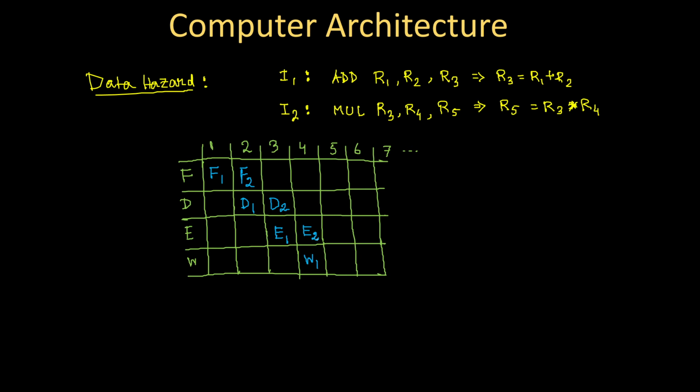The reason is that the purpose of this write back operation is to write the result in the respective location. That means until this write back operation completes, R3 will not be updated with the new value. Before completion of the write back, R3 still contains the old value.